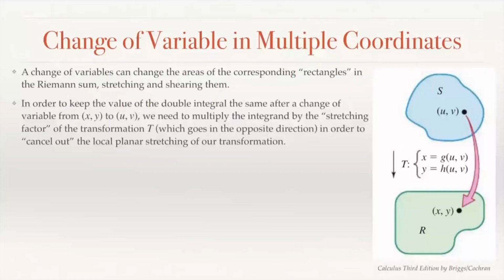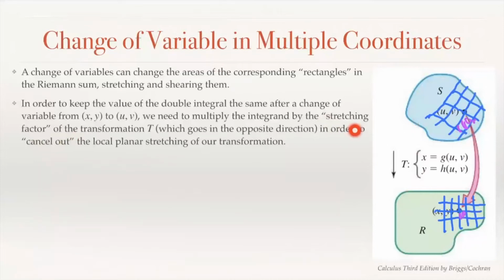By that, we mean that we might have our nice typical xy Cartesian coordinates originally, but when we do our transformation to the uv coordinate system, then our squares or rectangles that are the bases of the Riemann sums might get sheared out, made bigger or smaller in area, and that will affect the end result when we integrate over it. And we'll therefore need to compensate by multiplying the integrand by the stretching factor of the transformation T in order to cancel out this local planar stretching of our transformation.